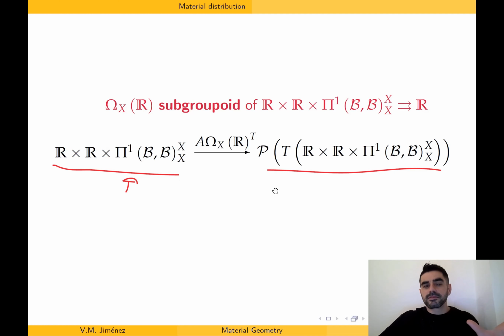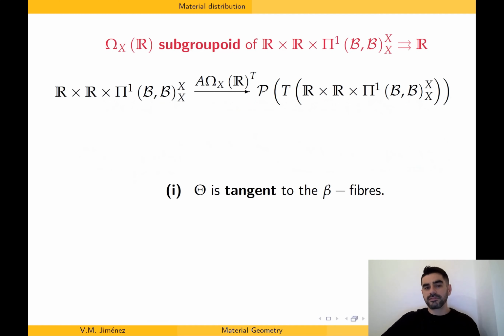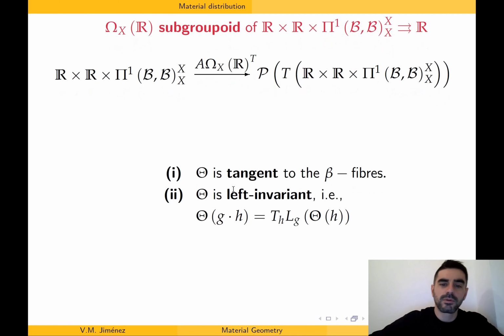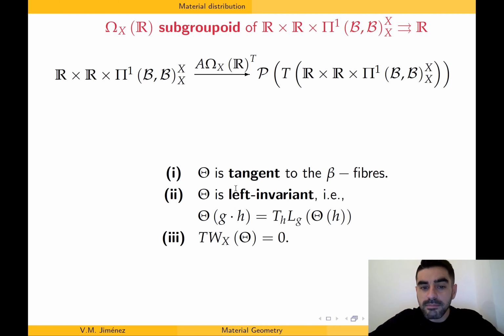Okay, to construct this distribution, we will take a family of local vector fields satisfying 3 properties. The first one is to be tangent to the beta fibers, then we will impose to be left invariant, where here we have the composition of one jet, and then we will impose that these local vector fields are in the kernel of this map, and this map is the first derivative of the restriction of the mechanical response to this set.